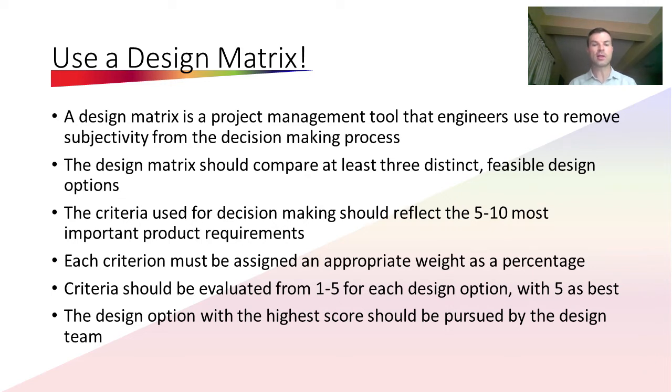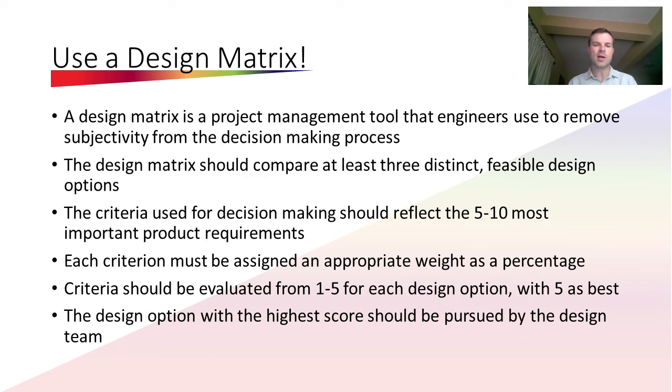Then you'll want to take a look at the product requirements page that you have developed with your team, and you'll want to reflect on what you and your team believe are the 5 to 10 most important product requirements. These will become the criteria that you will use when making a decision about which solution option you will pursue. So each of these criteria, it could be cost, it could be usability, it could be safety.